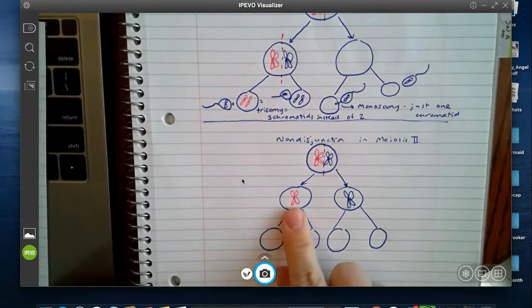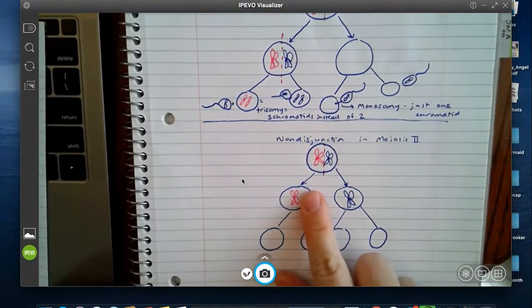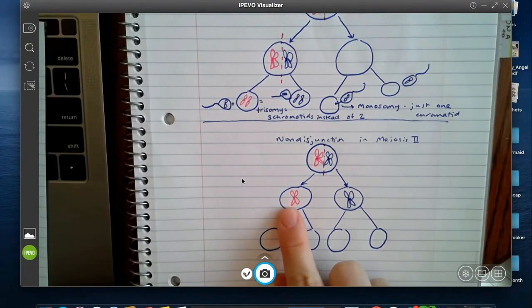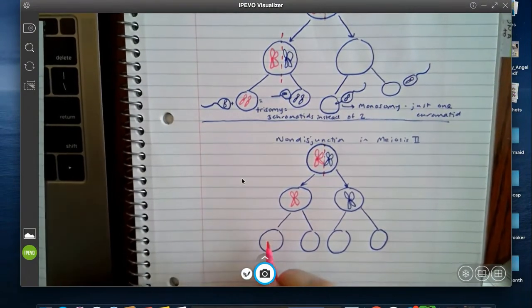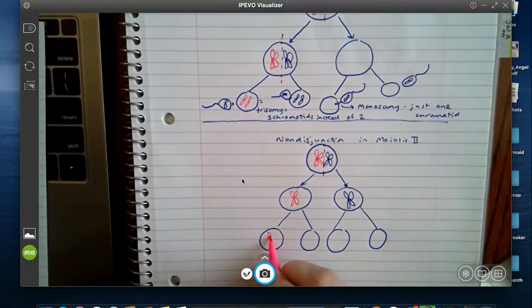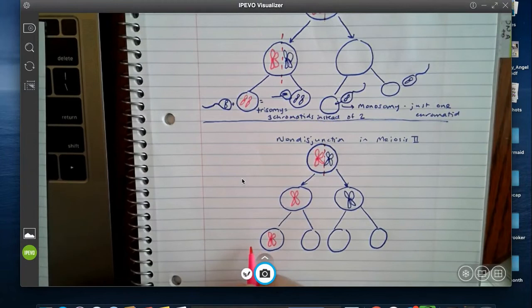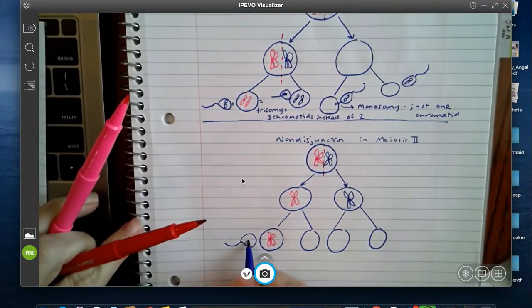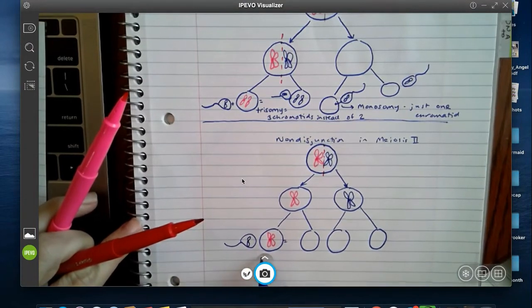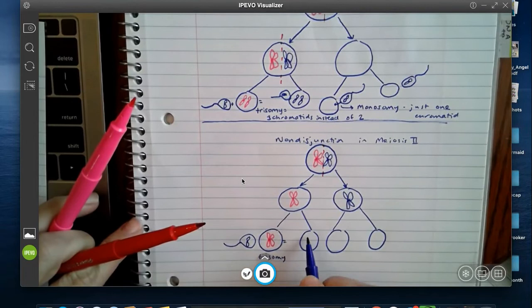All right, so over here, this is not going to come apart. This chromosome, the sister chromatids are going to stick together. So over here, you're going to get this replicated X when it should just be a single line. So when the sperm comes in to fertilize this egg and brings in his copy, you end up with a trisomy. And over here, it got nothing.